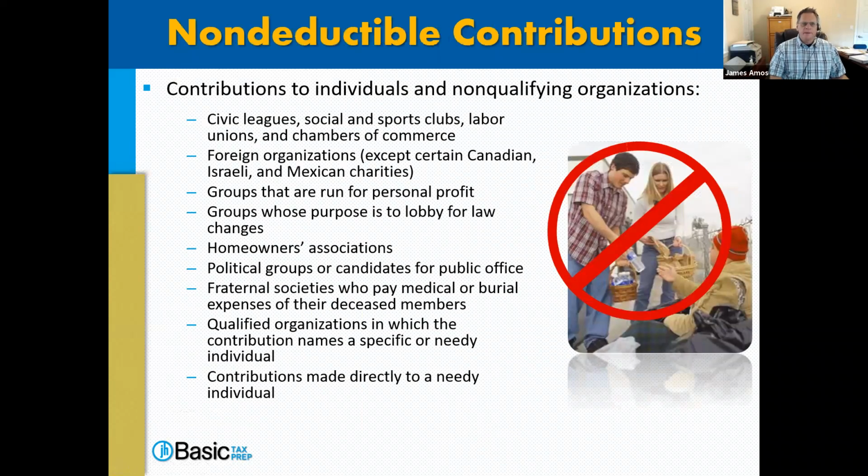I'm going to go right past that example because I think it's pretty commonsensical. Non-deductible contributions are those to non-qualifying organizations, and we kind of touched on them: civic leagues, groups that are run for personal profit, groups that are political based, homeowners associations. Just beware of homeowners associations.